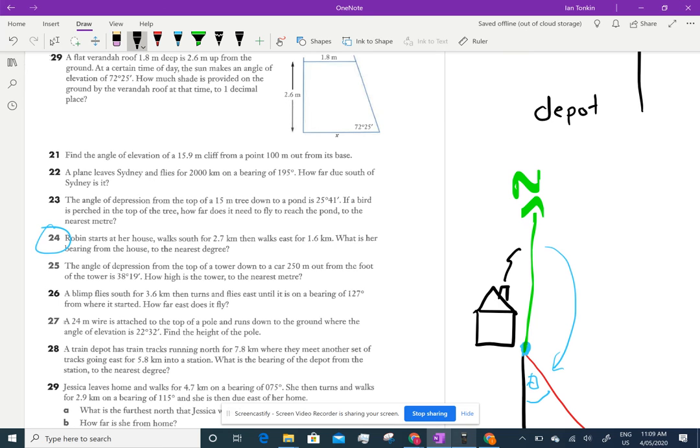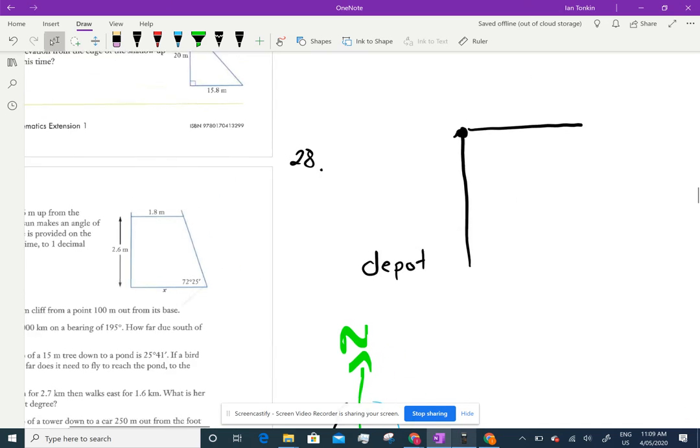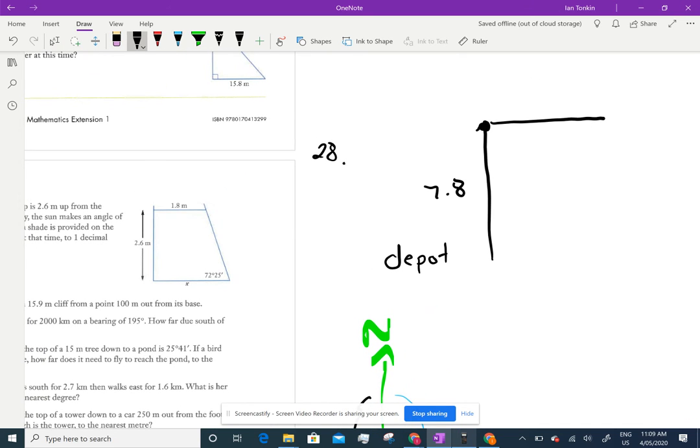And what are they? 7.8 and 5.8. So 7.8, 5.8. And there's the train station. That's where the station is.